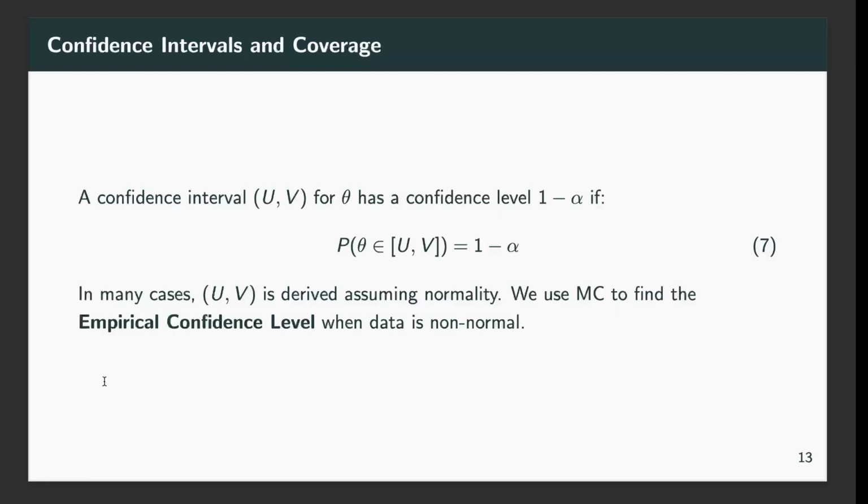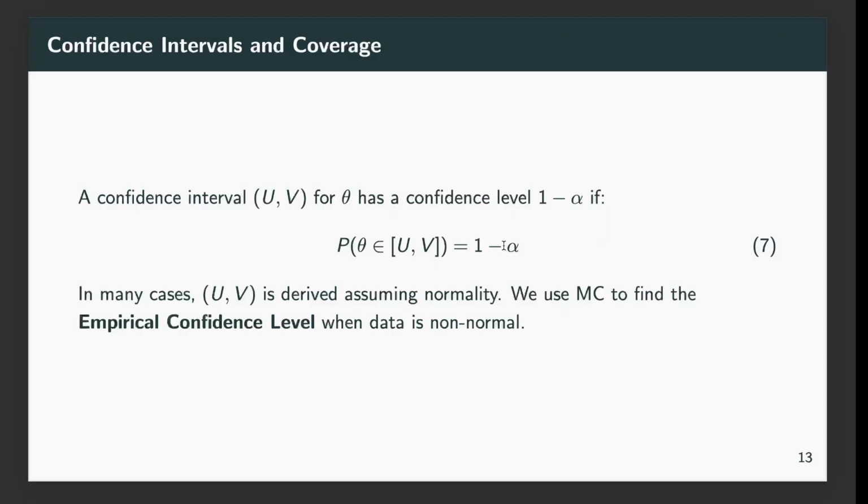So let us define the confidence interval. A confidence interval U and V, for the lower level and upper level of a certain interval, has a confidence level of 1 minus alpha if the probability that the data will fall between U and V is given by 1 minus alpha.